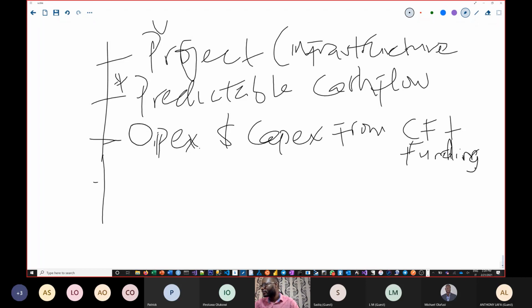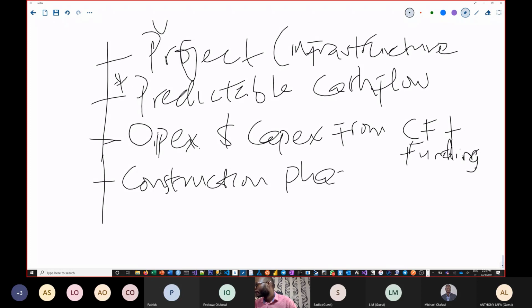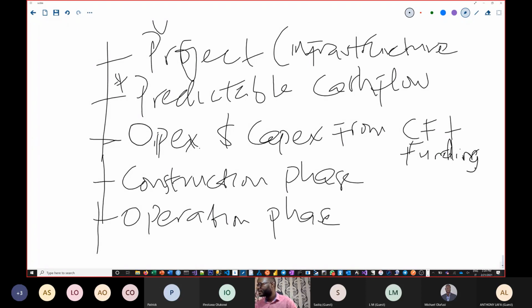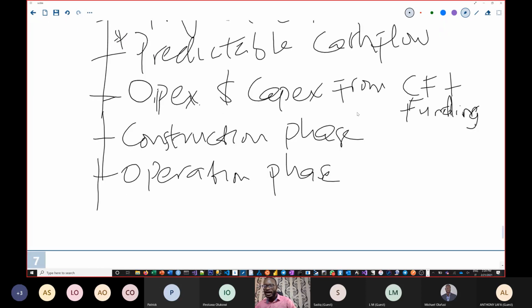So there's always also in the project finance model, you might factor in the construction phase, the operation phase. So in project finance models, we don't always assume that the entity will exist forever, and that works according to the nature of some projects.